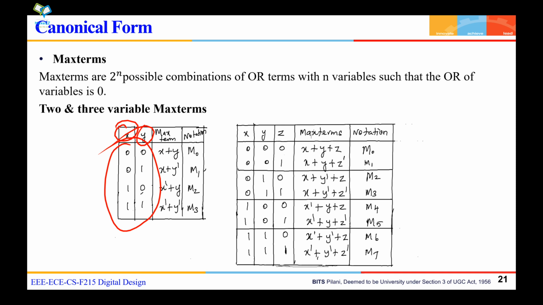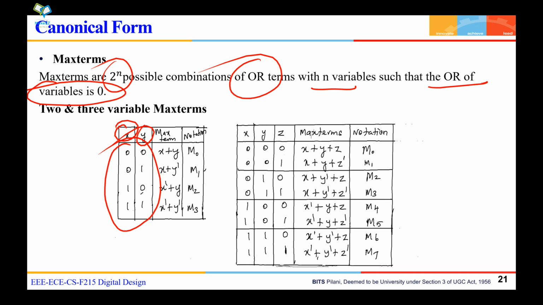The max terms are the 2 to the power of n possible OR terms with n variables such that the OR of the variables is going to be 0. It is very important: for a max term, the OR operation has to be 0, whereas in a minterm, the AND operation has to be 1.